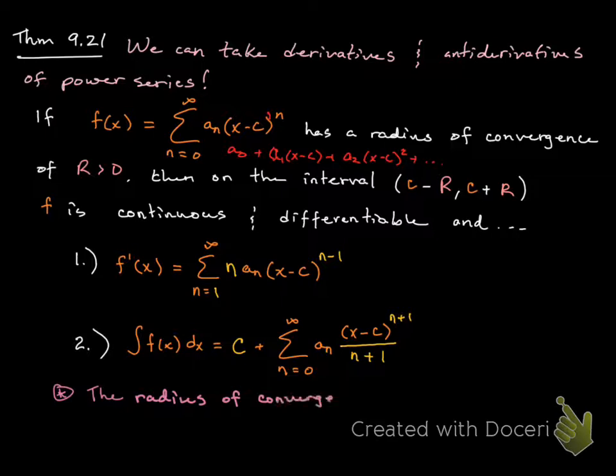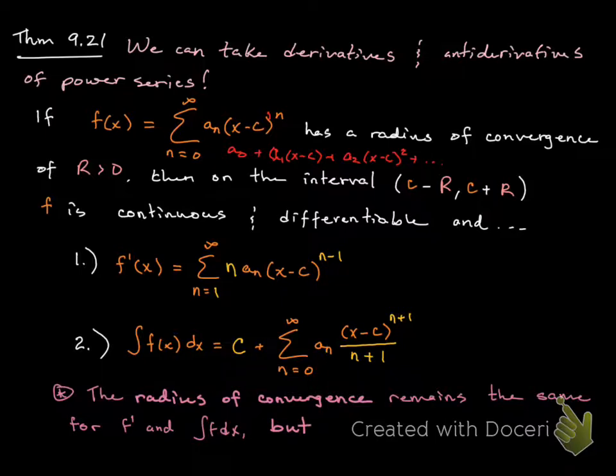If I have an initial radius of convergence for my power series, when I take a derivative and antiderivative, the radius of convergence is going to remain the same. However, the interval of convergence might change. And really what that means is the endpoint convergence might change.